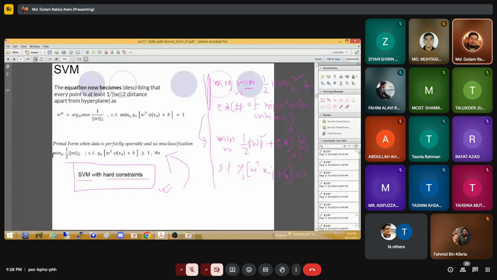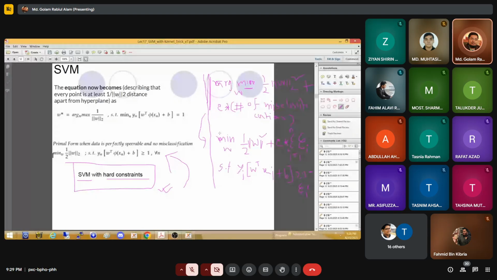We have to subtract. Okay, we have to subtract the slack. It is minus the variable of our slack values. Okay, so here is i. So then the objective function will be this one.